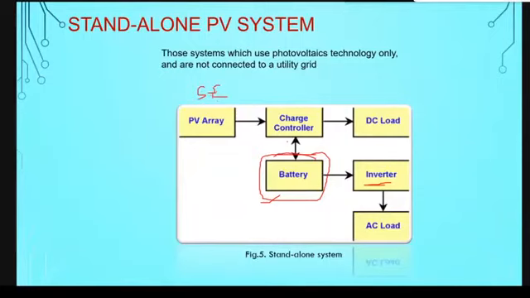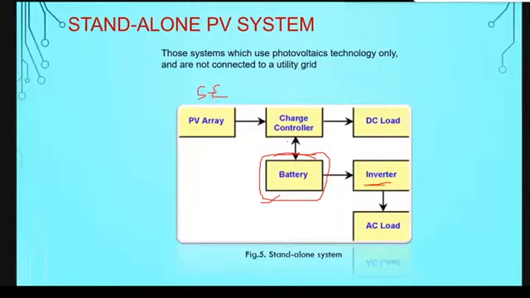This battery storage energy can be used to operate this DC load. Or this stored energy is first supplied to the inverter, and this inverter will convert DC into AC, and then you will operate the AC load also. So in this figure you can see it is not connected to the grid, the power system grid. So this system is a standalone system.